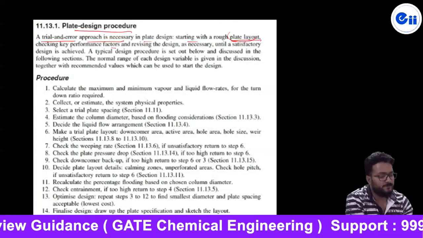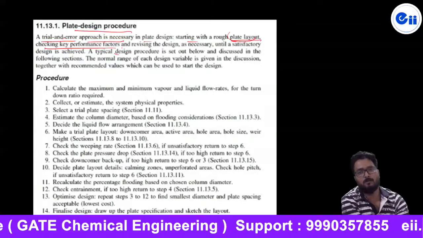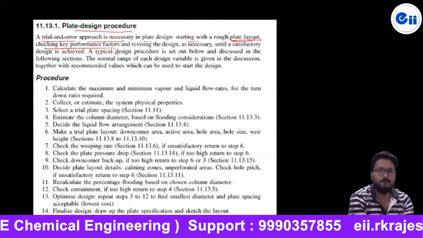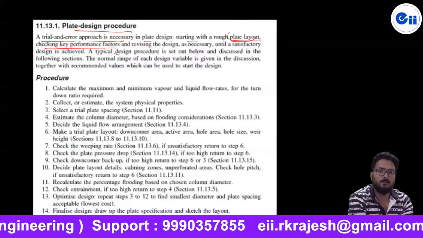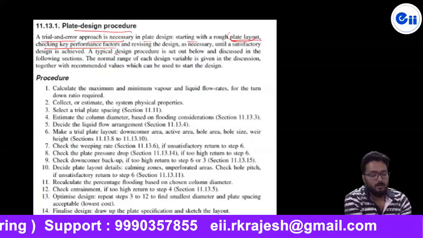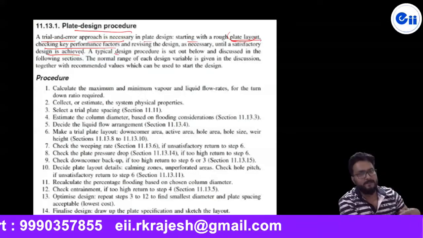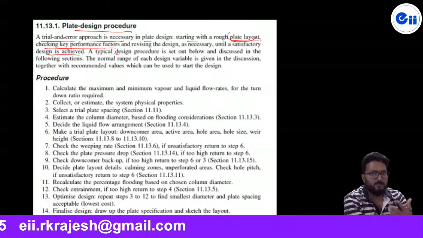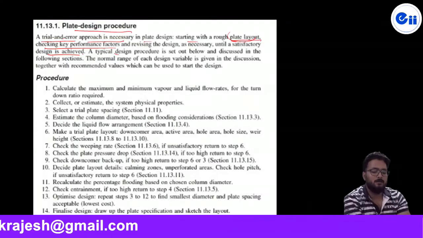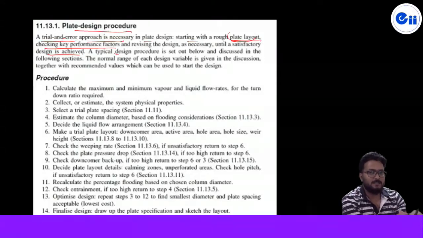Checking key performance factors. Key performance factors are the factors which affect the performance of a column, that is weeping, flooding, downcomer backup, all these things. Until a satisfactory design is achieved, means we have assumed some variables, and on the basis of those assumed variables we calculate the other parameters until we reach a satisfactory level.